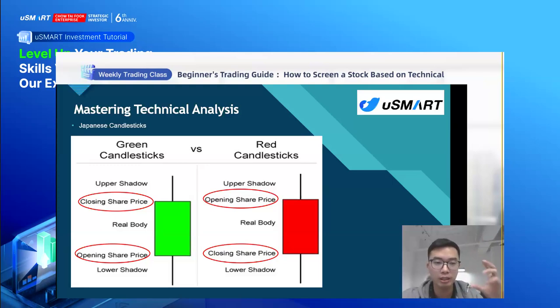Let's say this is a daily chart, so one candle represents one day. In this day, the green candle opened low and closed high, and the upper shadow is the highest price that day, while the lower shadow reaches the lowest stock price. So this is basically what we call Japanese candlesticks.